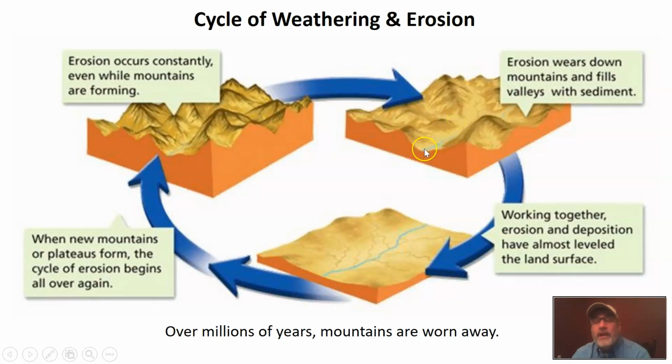Some of that sediment is going to be carried away by the streams that flow down into the valleys. And over time, the mountains could be leveled. Now we're talking over many millions of years, but we can start with mountains and end up with a flat surface again. So one of the things that we have to learn about in the future is, where did the mountains come from? Because if this is a cycle that's happening all the time, why isn't the surface completely flat?